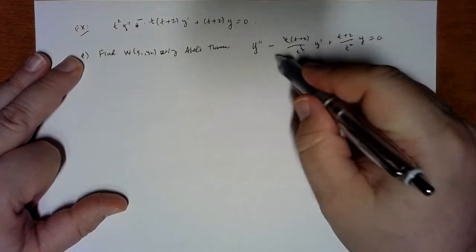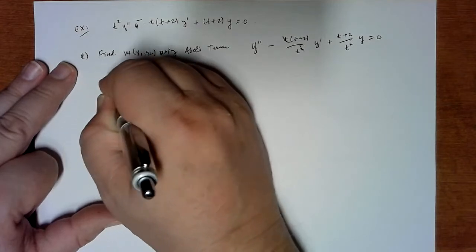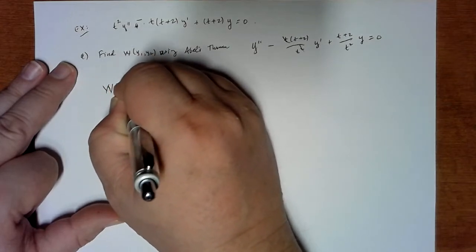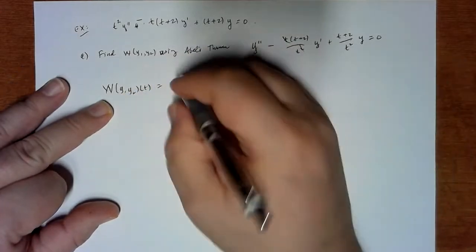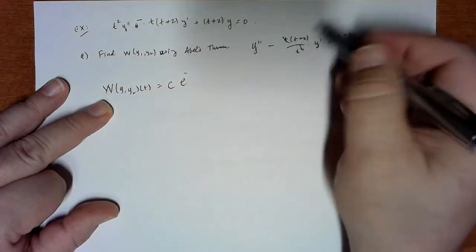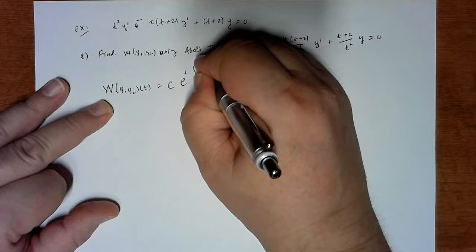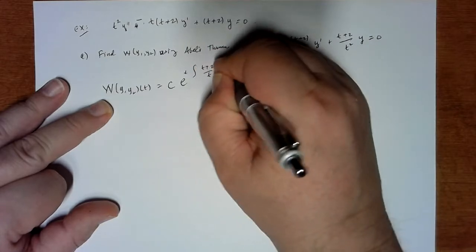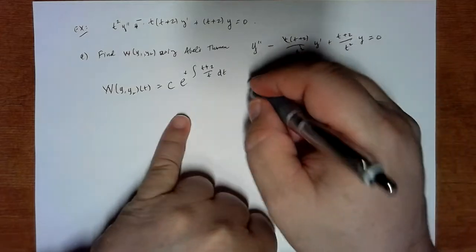And this is your p of t now with the negative sign. And so by Abel's theorem, the Wronskian between two solutions is c e to the minus integral, but the minuses are going to cancel. Integral of (t plus 2) over t dt. Good.